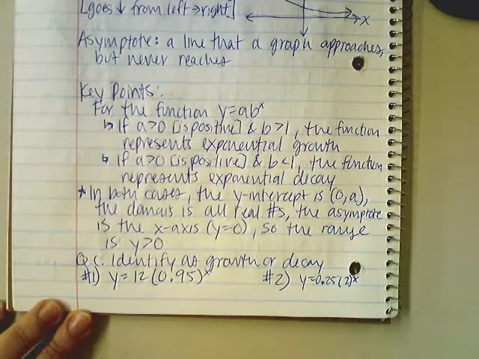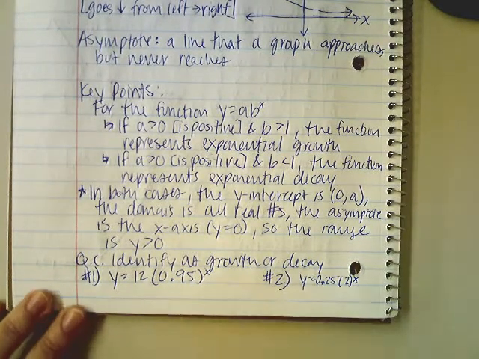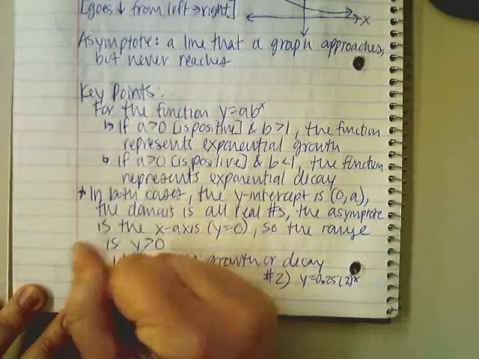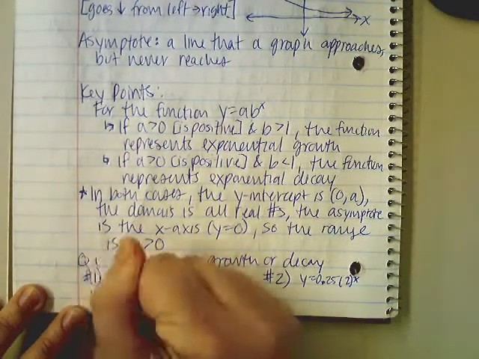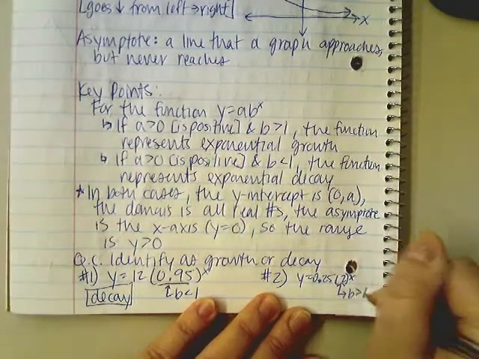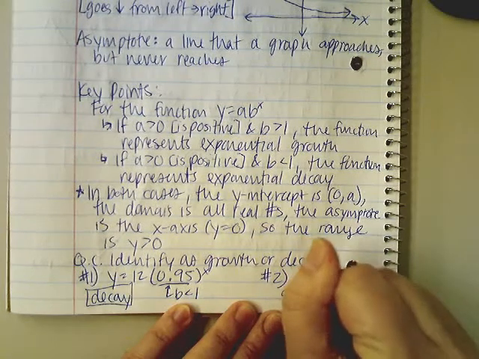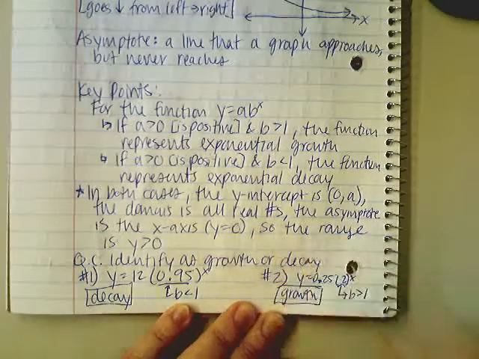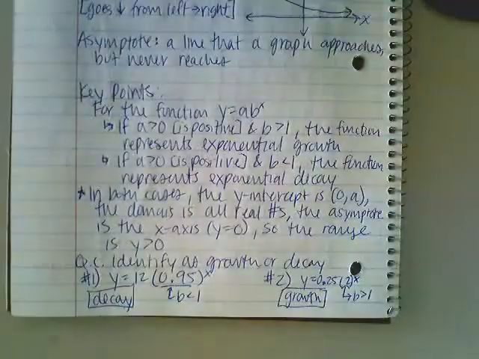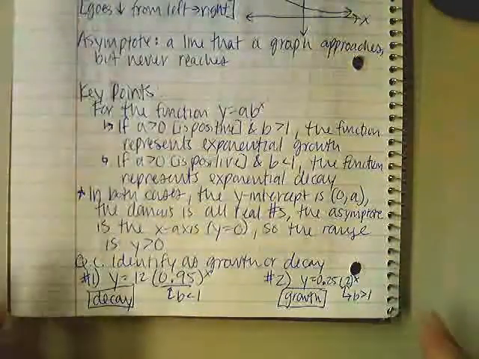Pause it if you need to. I'm going to go over it. So in this case, I see my b value is less than 1, so it's going to be decay. In this case, my b value is greater than 1, so it's going to be growth. So all you're doing is looking at the b value and deciding which one is which.